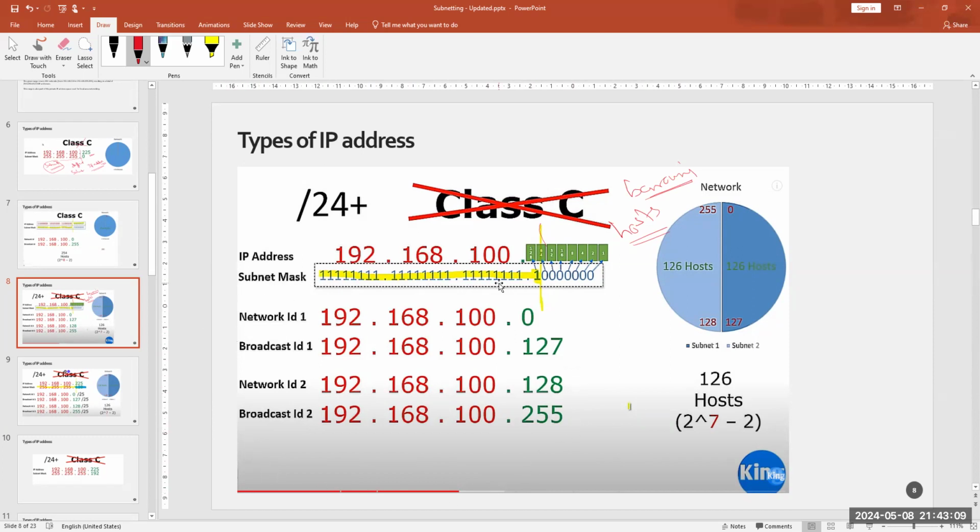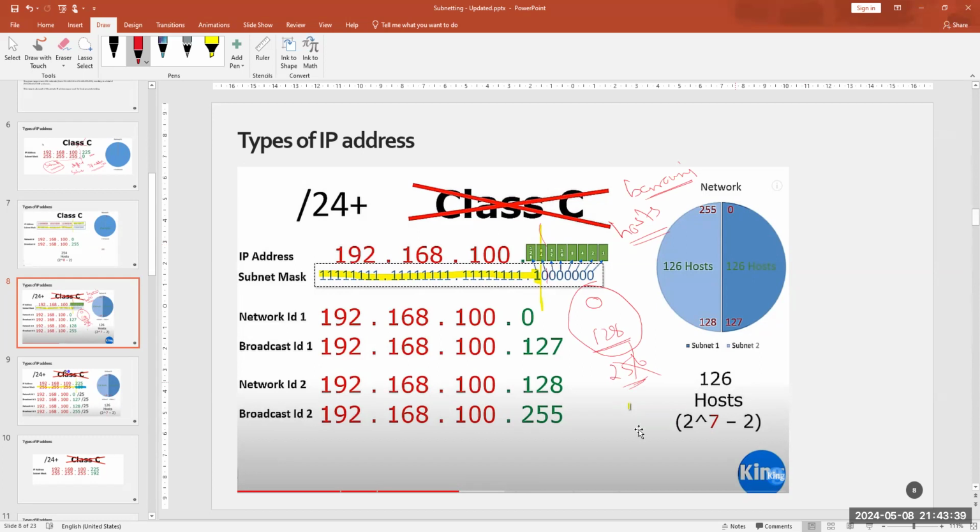Now you were asking me a question: if I want to assign more, you can assign more. So 0 to 128, and 128 to again 256. 256 cannot be done, right? So 0 to 128. If you want more, then I have to borrow again 1 bit over here, and I can assign more and more IPs.